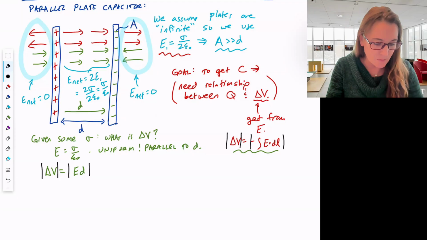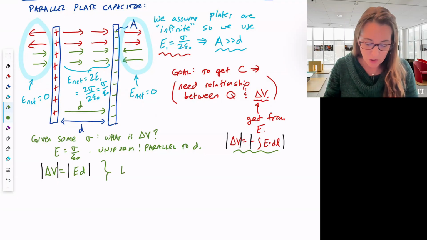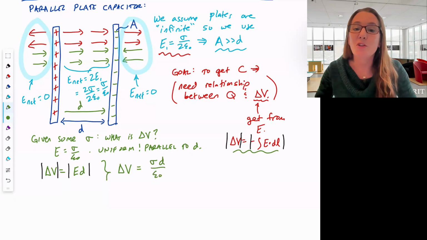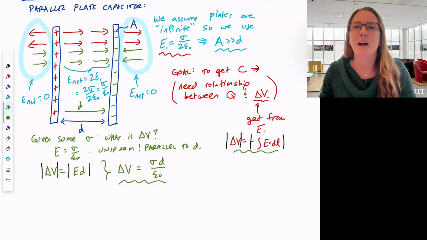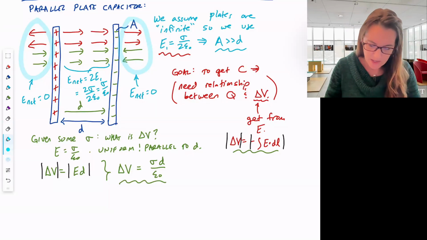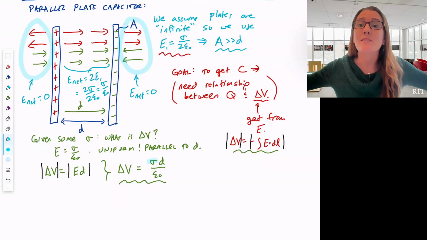And so I get this very simple result, which we have seen before in our module on potential: delta V across the plates can be written as our electric field, sigma times d over epsilon naught. Great. Now, where's the charge in that? Remember that it's sigma that has our charge. Sigma used to be the charge density on an infinite plate.